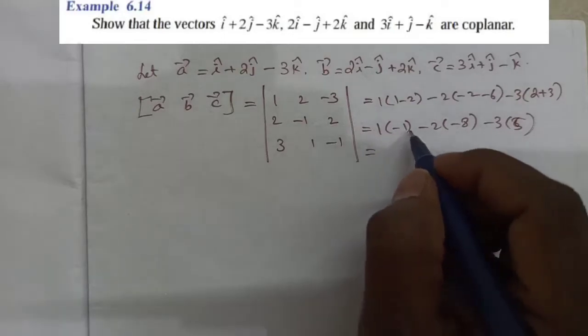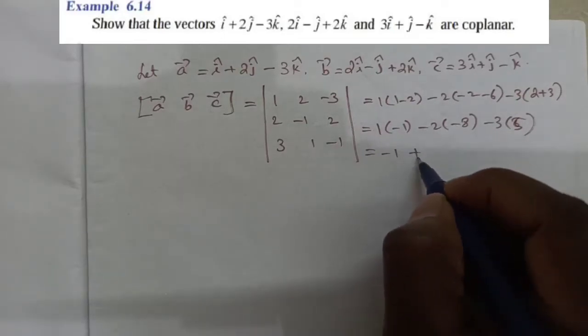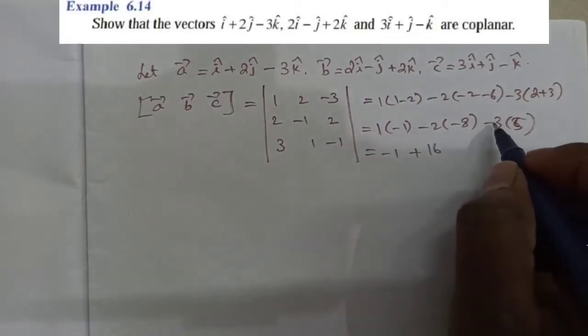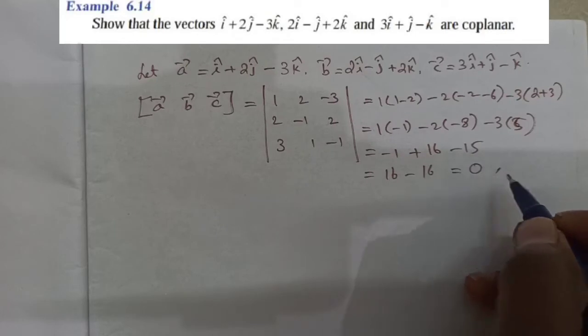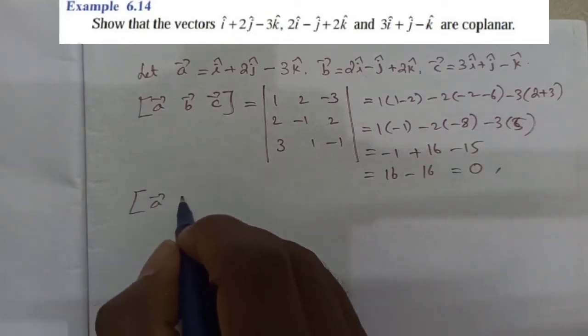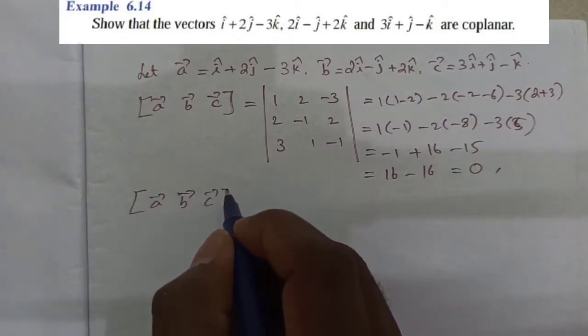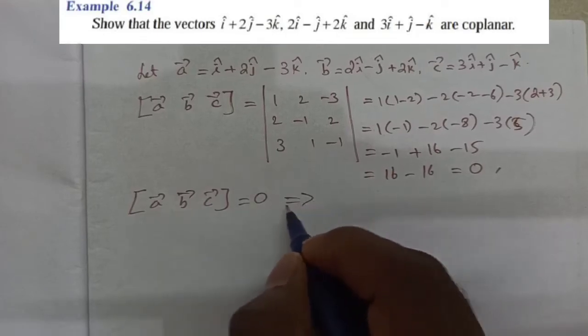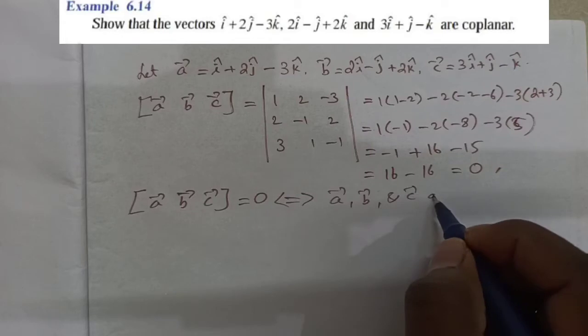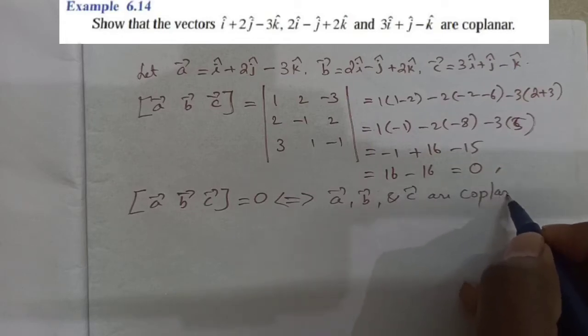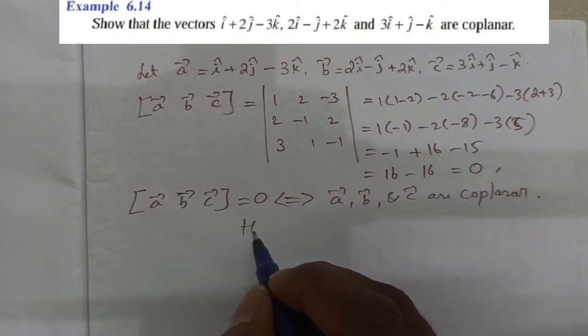So minus 1 into 1 minus 1, this is minus minus plus 16, this is minus 15. So 16 minus 16 equal to 0. Okay, so the box product of a vector, b vector, c vector equals 0, which means a vector, b vector and c vector are coplanar. So hence proved.